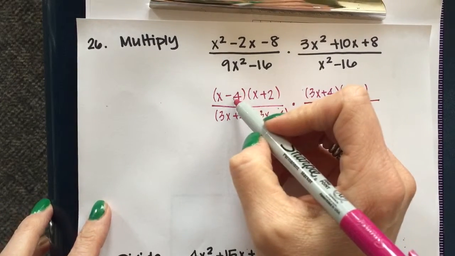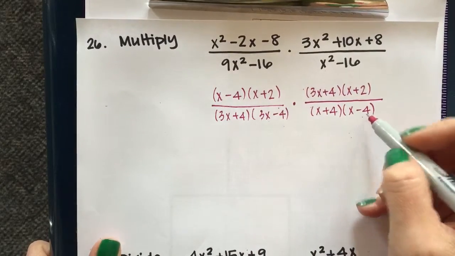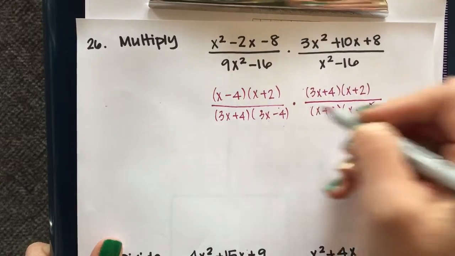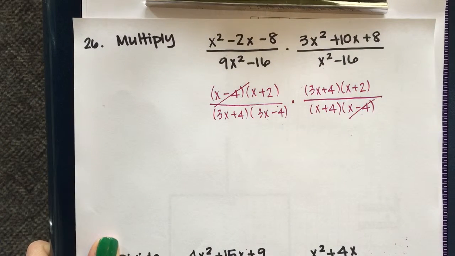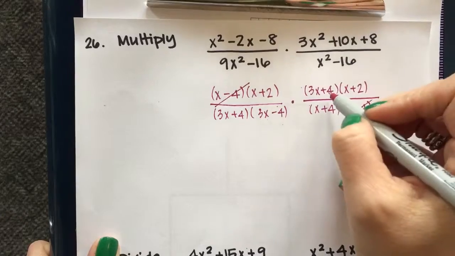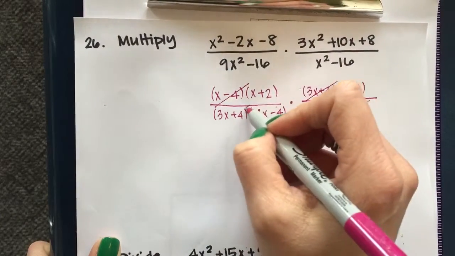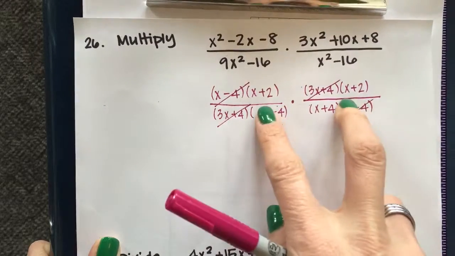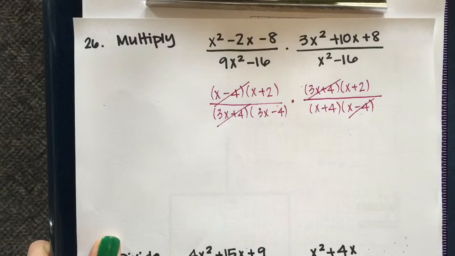So there's an x minus 4 here that's on top. I can cancel this x minus 4 that's on the bottom, way over there. Those cancel, and then each term has a 3x plus 4, one on top, one on bottom, so those cancel. The x plus 2's do not cancel because both of those are on the top. There's not one left on the bottom.